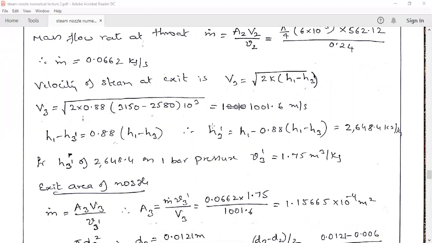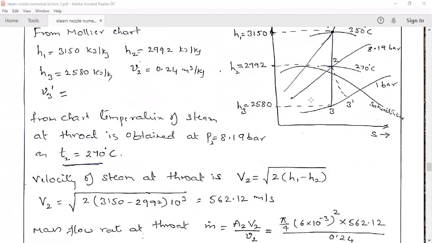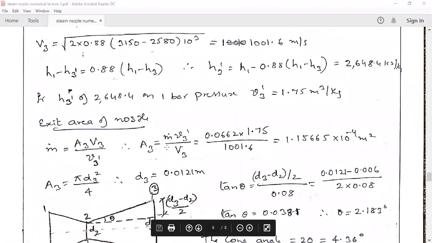From this, obtain the value of H3 dash, because we know H1 and we know H3. For this H3 dash value, find the specific volume at this point. That is taken as V3 dash from the Mollier chart.